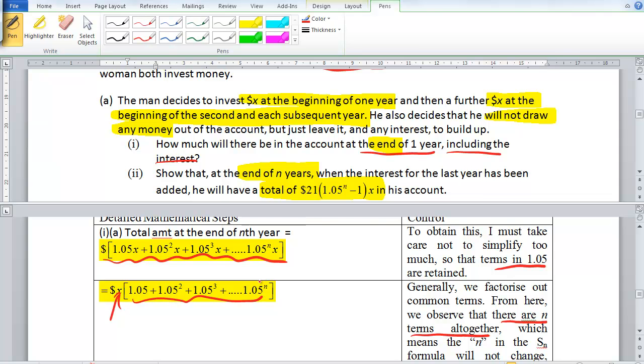Now noting that the very first term inside the bracket has 1.05 power 1, and the last term has the power of n. The powers of 1, 2, 3 and so on right up to n count the number of terms that we are adding, and we can see that we are adding up n terms, right? Number of terms is n.